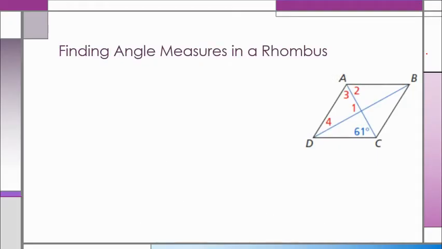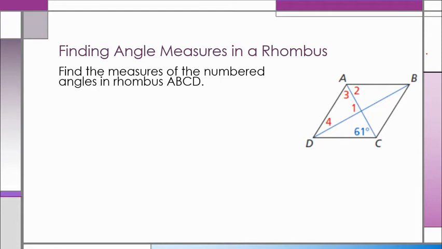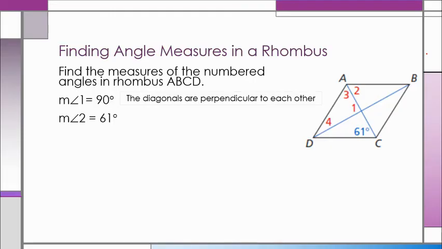We're going to find the angle measures in a rhombus. So remember though that the rhombus has been labeled A, B, C, D, going clockwise. So angle 1 is 90 degrees because the diagonals are perpendicular to each other. Angle 2 is 61 degrees because of the alternate interior angles theorem.